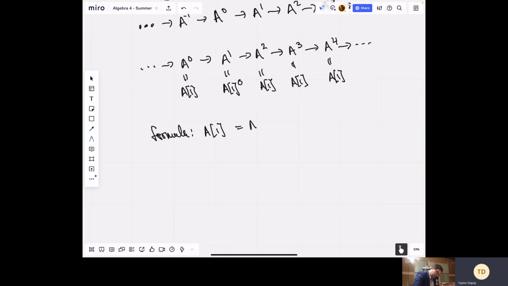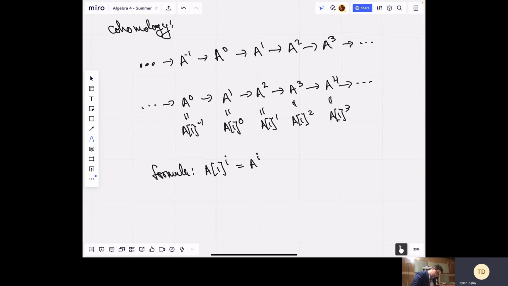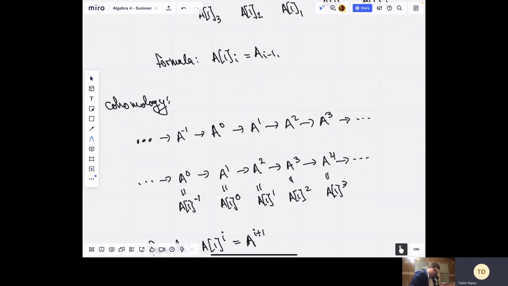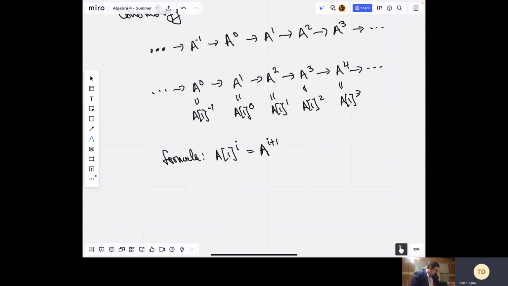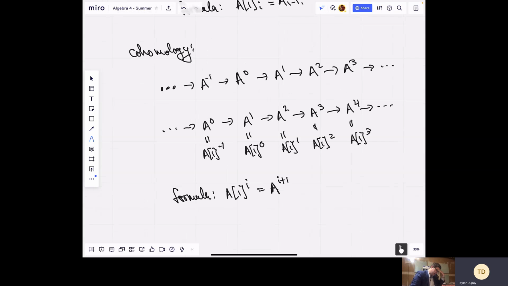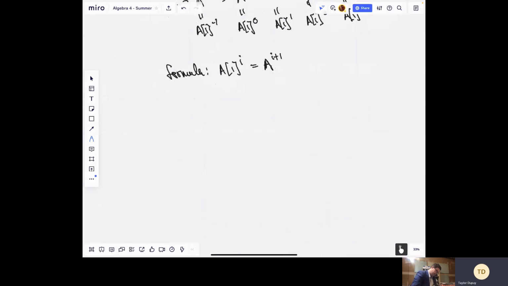Taking the ith piece, you get bumped up, so the 0th piece is now what was the 1 piece. This one you subtract, and this one you add. Let's just check that this is compatible. Is this compatible?